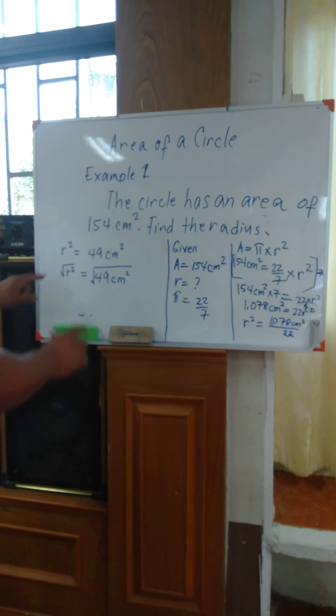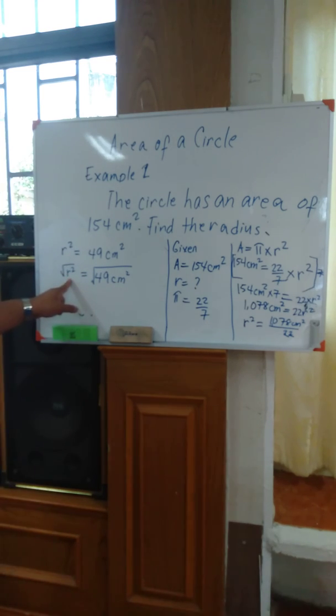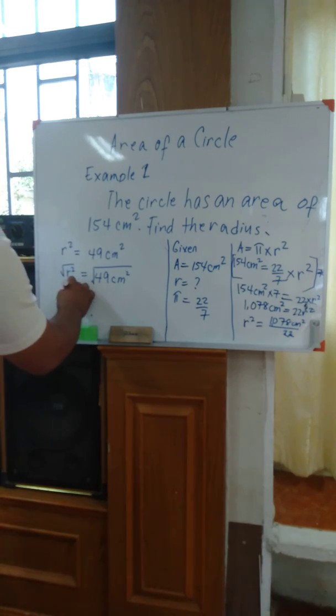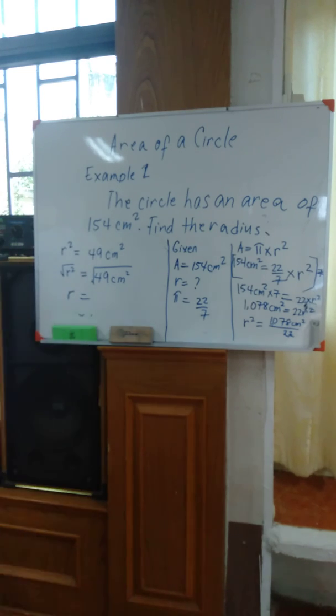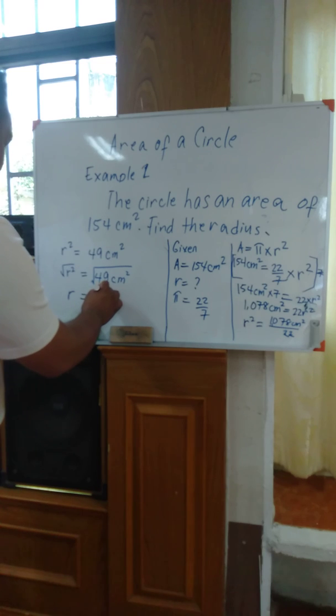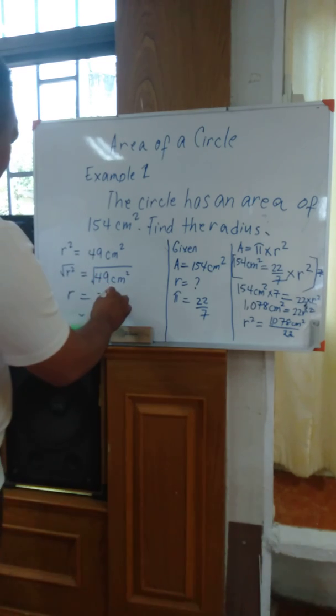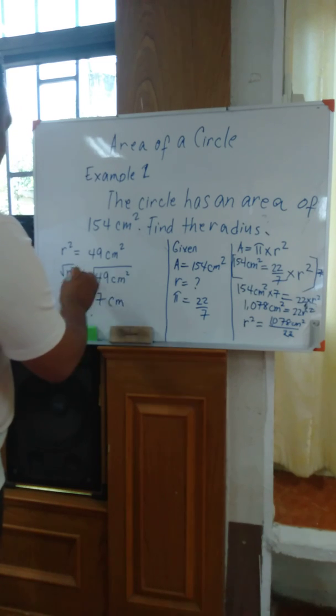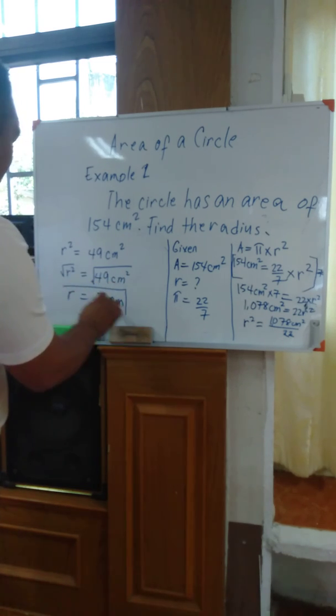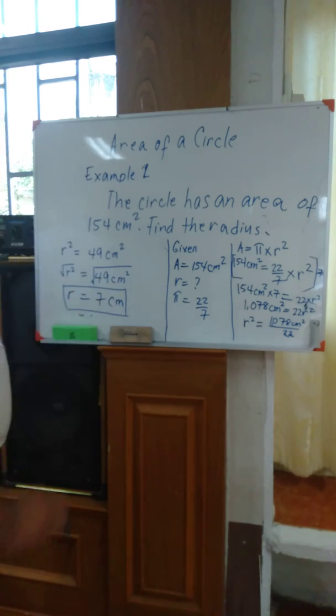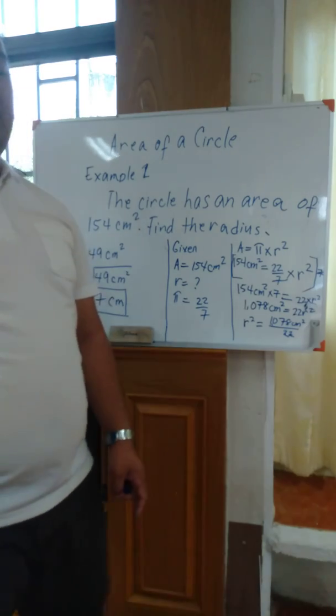So the square root of r squared is r. And what is the square root of 49? 7. And what is the square root of centimeters squared? Centimeters. So, therefore, our r is 7 centimeters.